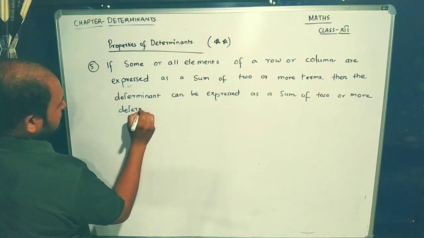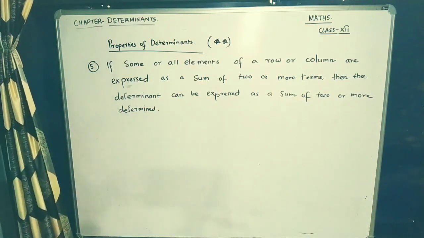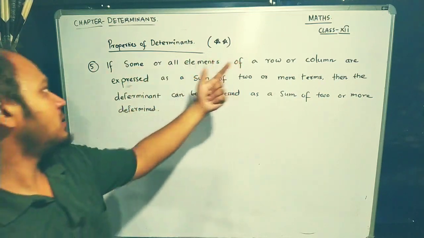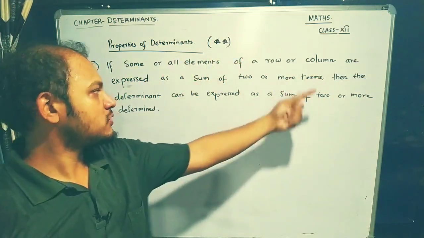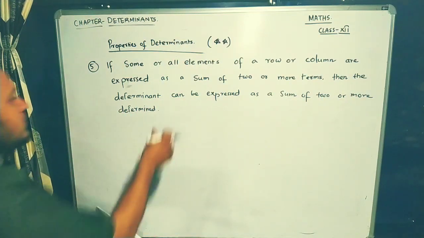This property is quite long to read, but it is actually very easy. Okay, what is it telling you? If some or all elements of a row or a column are expressed as a sum of 2 or more terms, then the determinant can be expressed as a sum of 2 or more determinants.